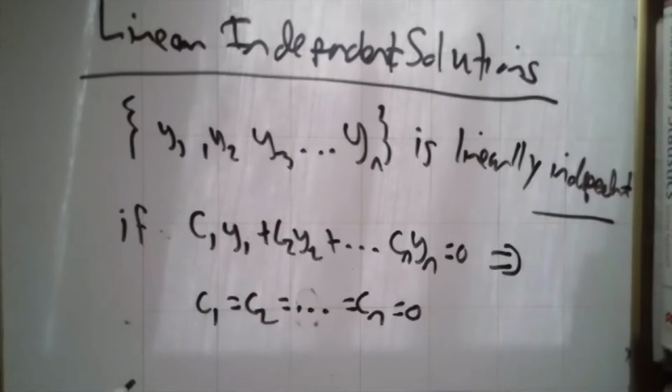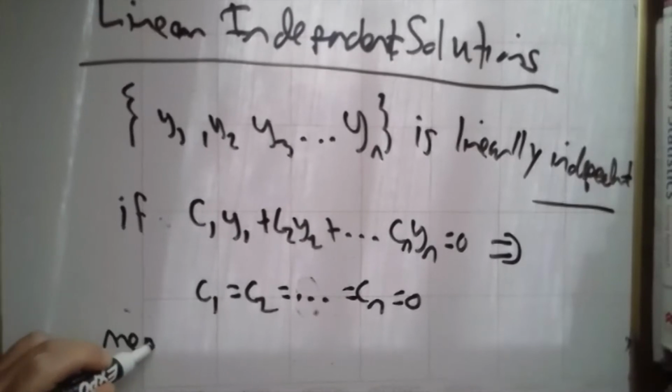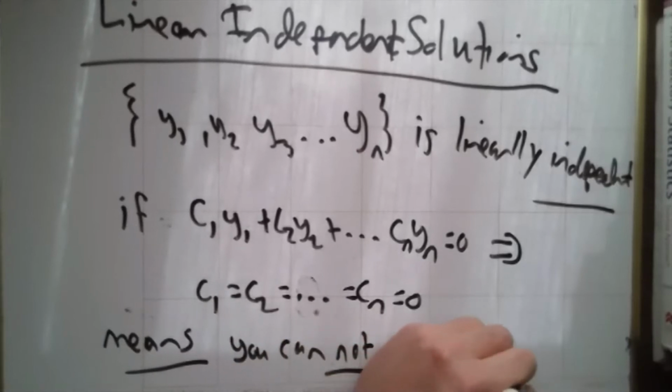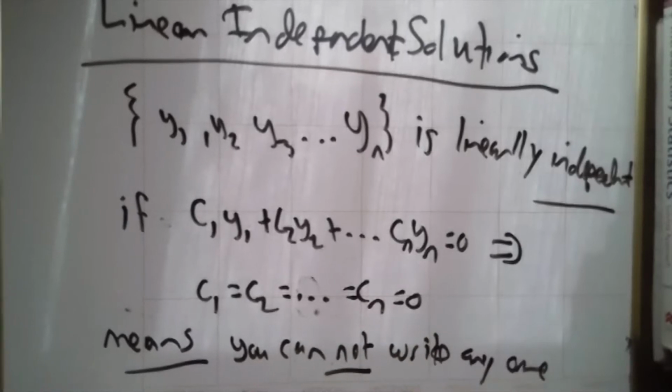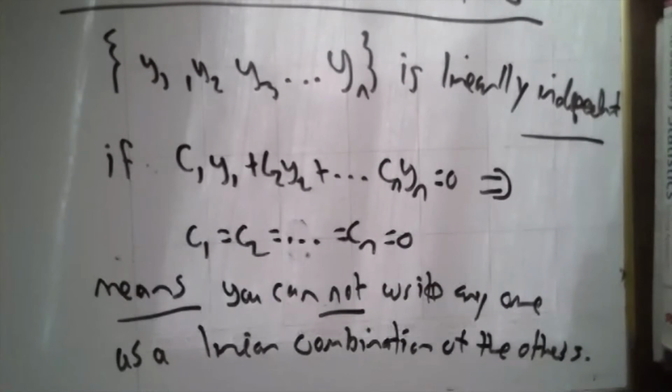Another way of saying this, linearly independent means you can't write one as a linear combination of any of the others. It's impossible to write any one of these as a linear combination of the others.